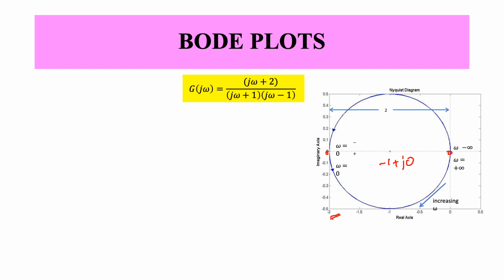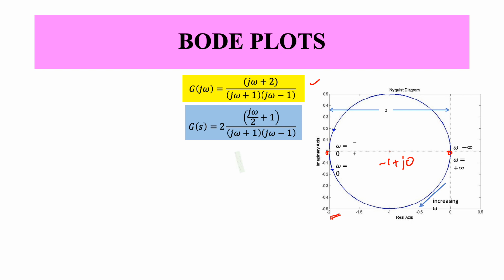So we said the open loop system is unstable, but I know that the closed loop system is stable. So how will the Bode plot look for this? I will just write it down as 2(j omega by 2 plus 1), over (j omega plus 1)(j omega minus 1).